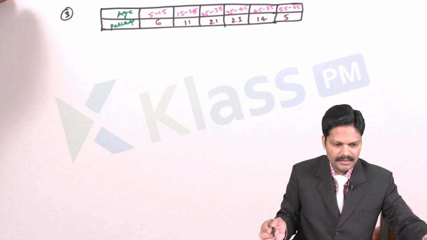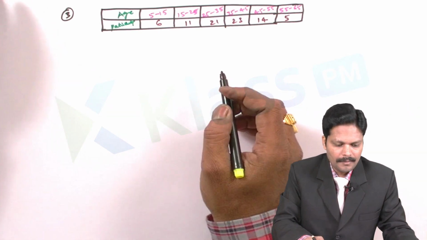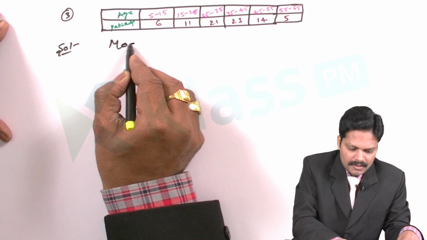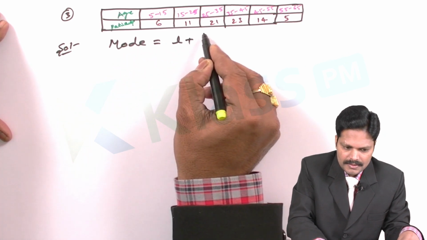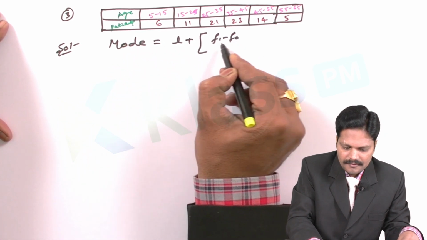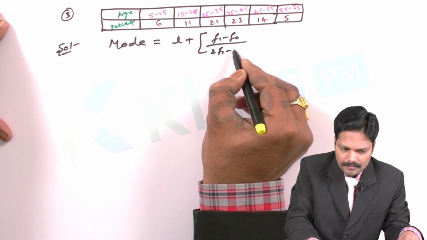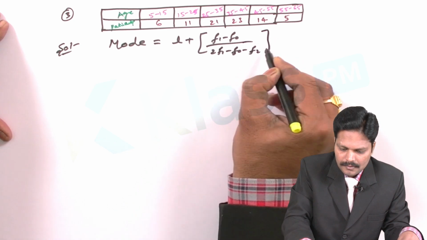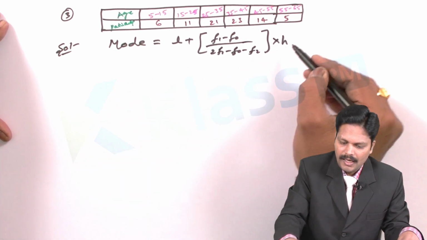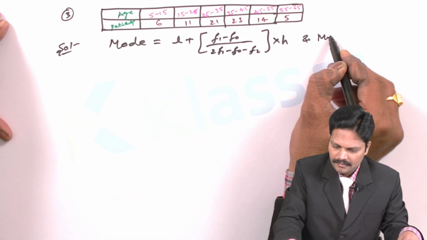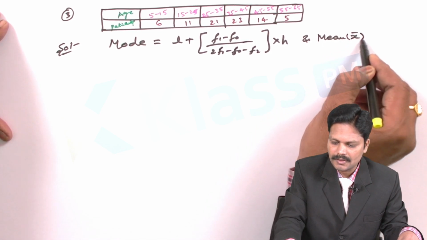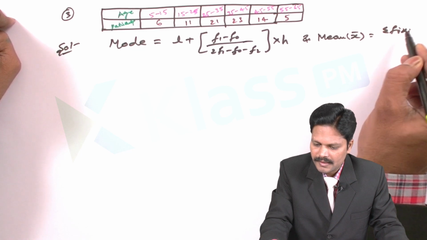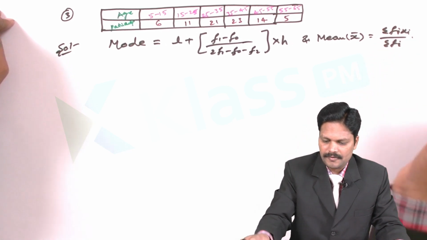So from the data we need to find the mean. Mode means we are using here mode formula is L plus f1 minus f0 by 2 f1 minus f0 minus f2 into h we are using, and mean we are having, that is x bar is equal, we are using summation fi xi by summation fi.